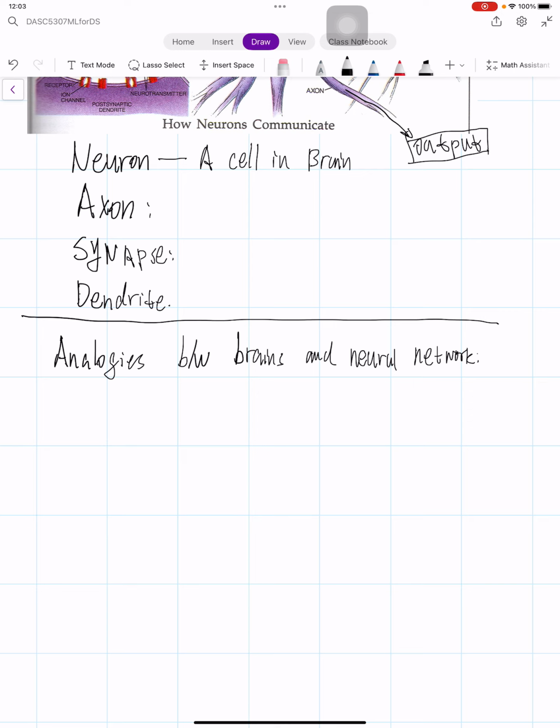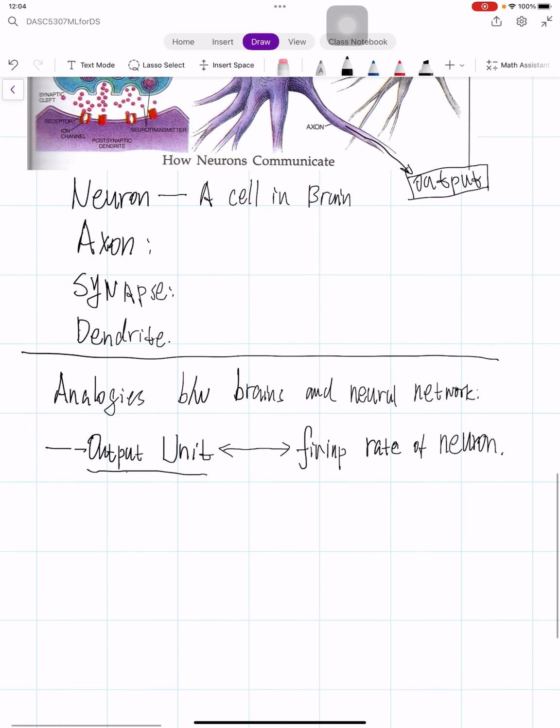First, the output of a unit, either from the input to the hidden layer or from the hidden layer to the next level, you can think of as the firing rate of the neuron.